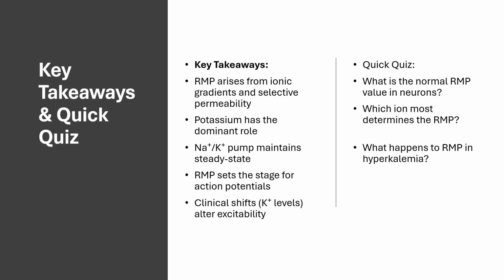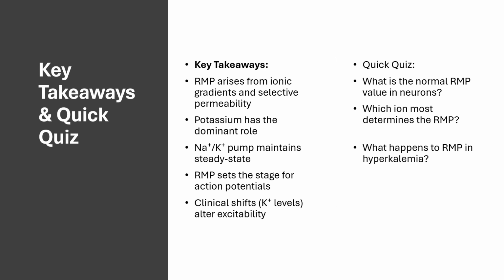To wrap up, let's consolidate what we've learned about the resting membrane potential and test our understanding with a quick quiz. Now, the key takeaways: one, the resting membrane potential arises from the combined effects of ionic concentration gradients and selective membrane permeability. Two, potassium plays the dominant role since the membrane at rest is most permeable to potassium.